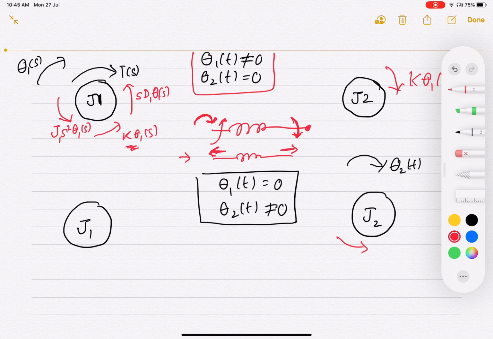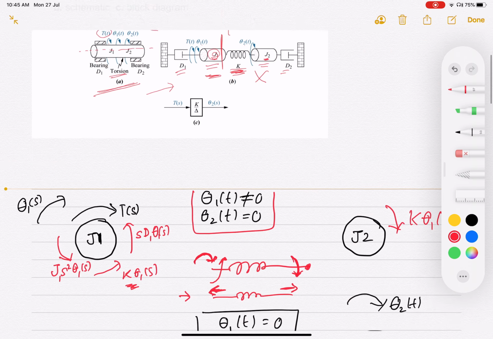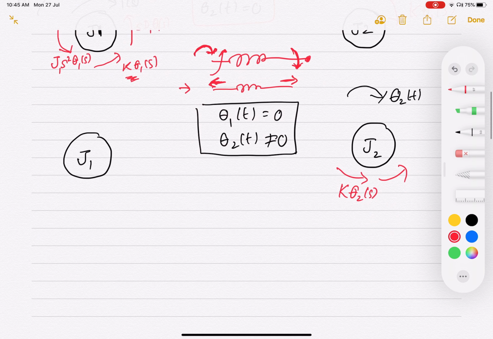The spring, which is K theta 2(s). The damper here, which is s D2 theta 2(s), and the inertia of J2, so s squared J2 theta 2(s).